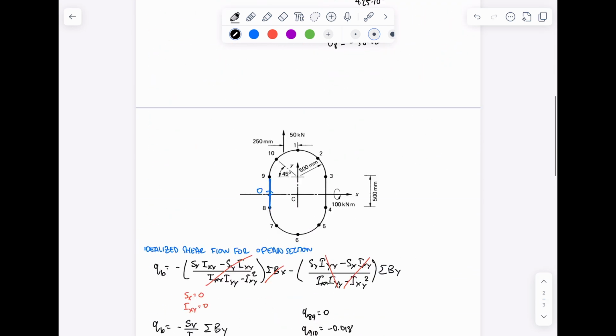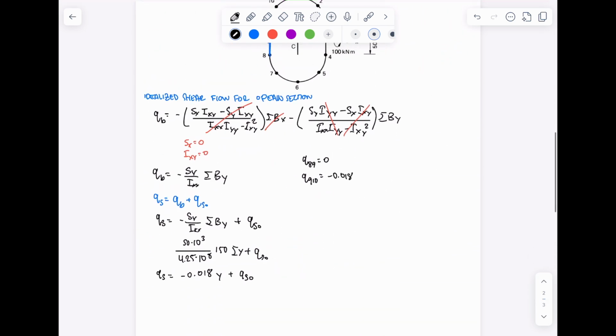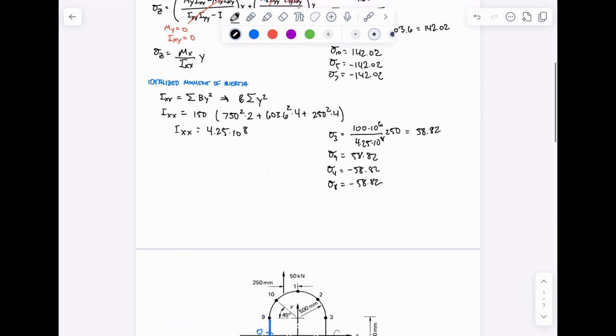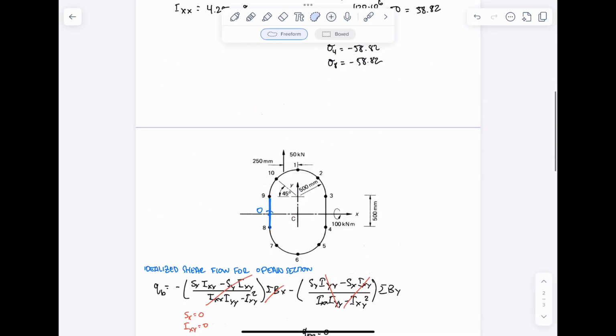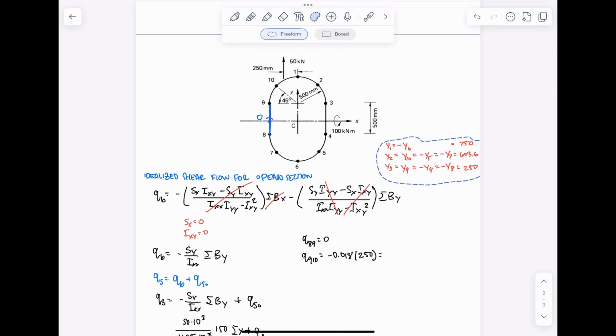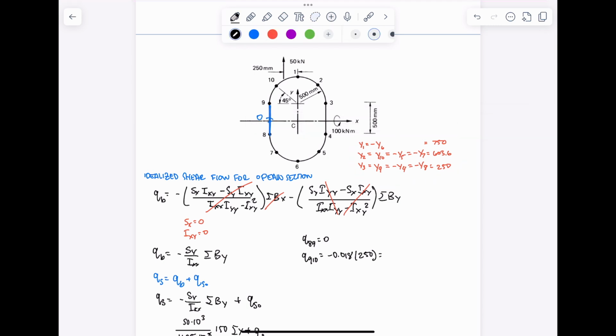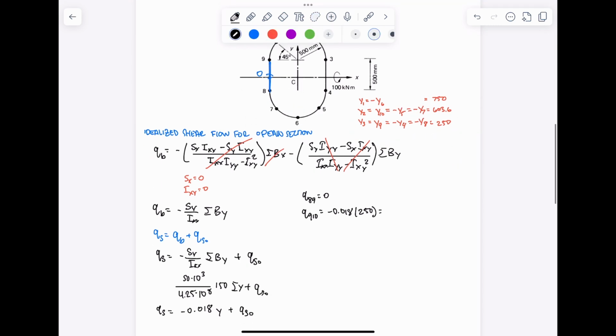So 9 is 250 times 250. Let's also move this down so it'll be easier to see here. All right, 250.